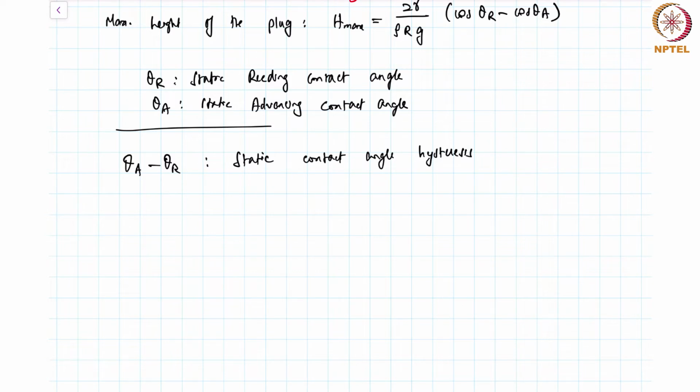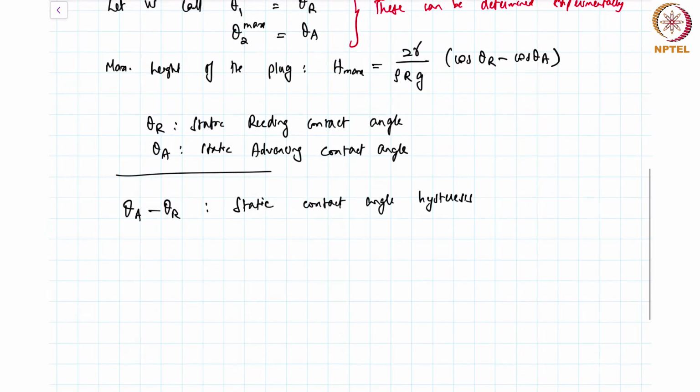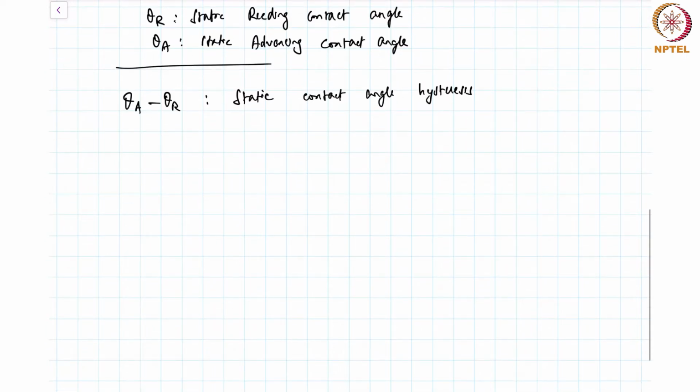I still haven't clarified why we call it advancing and receding, but you'll have to bear with me for a minute. So this is the hysteresis that we have in the problem. A range of angles are indeed allowed, and we will also see why it's called hysteresis in a minute. But let's look at another problem.